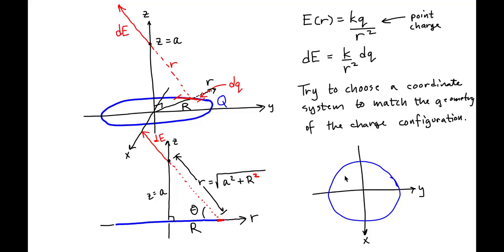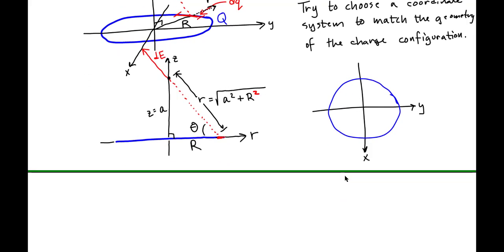Because one of the things you want to try and do that I'm going to write down because it's so important, one of the things you'll want to try and do is express the variables in terms of your coordinate system.